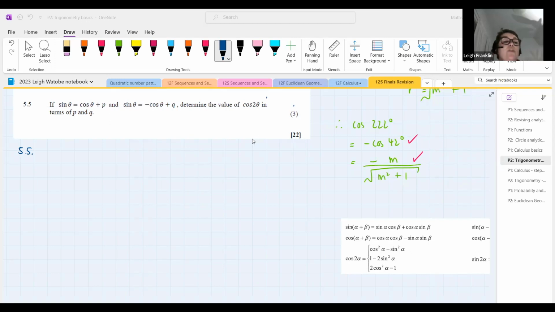I understand why you would think that because they're both equal to sine theta, so therefore they must be equal to one another, right? But remember, if you have a look at the rest of it, it says determine the value of cos 2 theta in terms of P and Q. All right, so somehow we have to use cos 2 theta and work with our P and our Q. So in this particular case, equating them to each other is not going to help you to solve this particular problem.